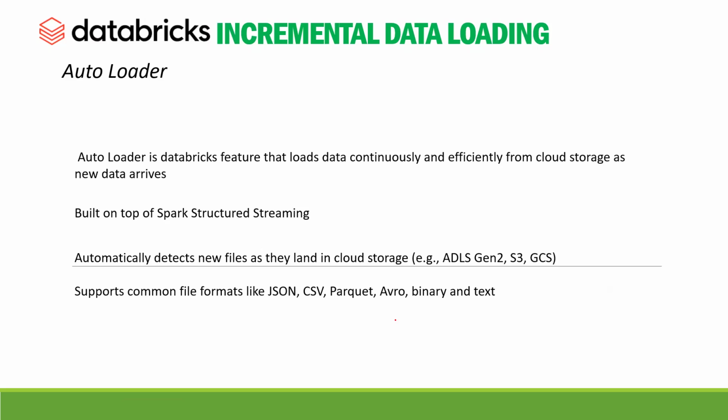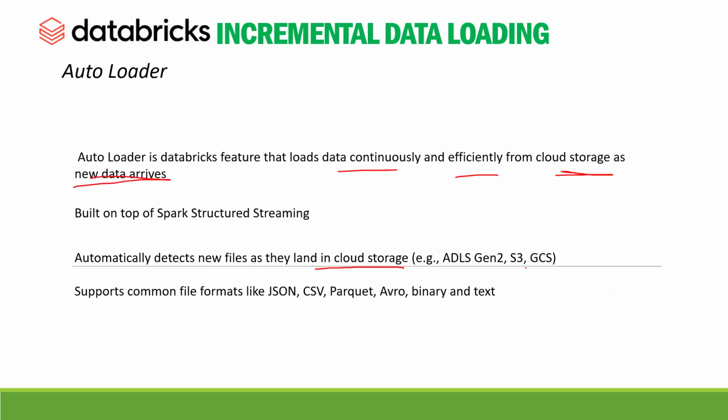all that is now provided out of the box, for cloud storage based sources. Autoloader is the feature that loads data continuously and efficiently from cloud storage as new data arrives.